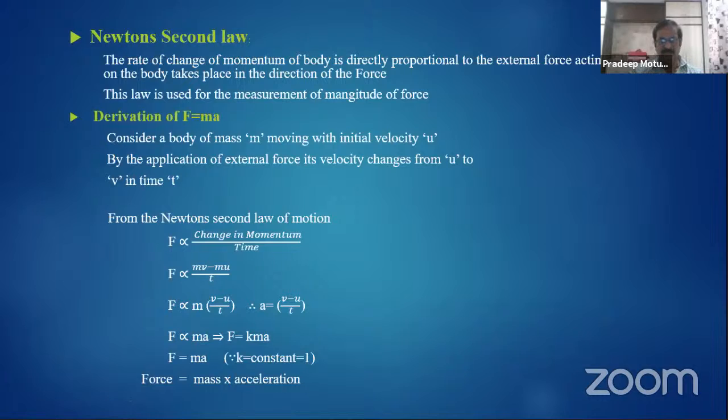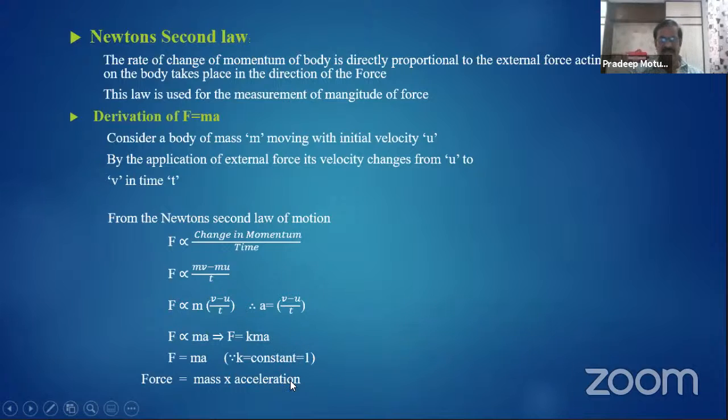If you want to remove the proportionality, you put an equals sign with a constant, that is k. F is equal to kma. In the place of proportional, you write is equal to a constant. So k is nothing but the proportionality constant, which has the value 1.